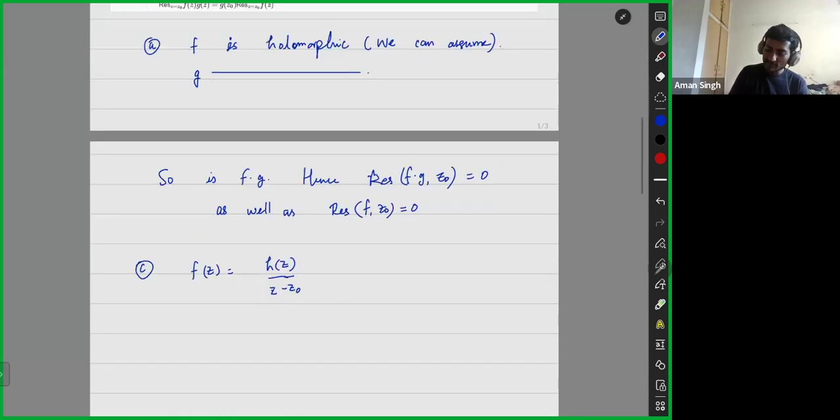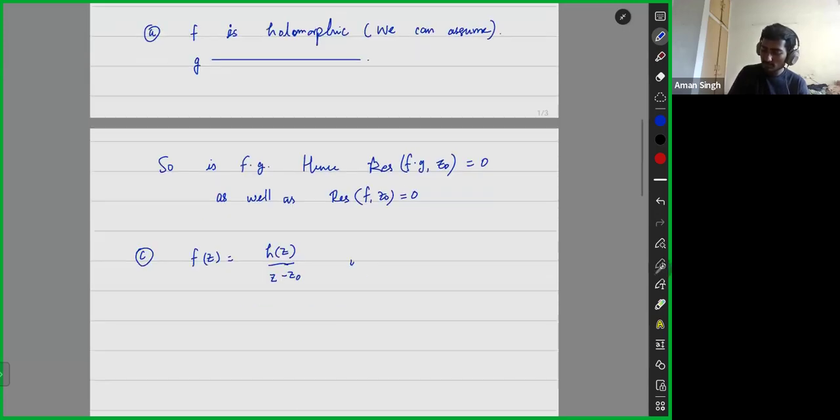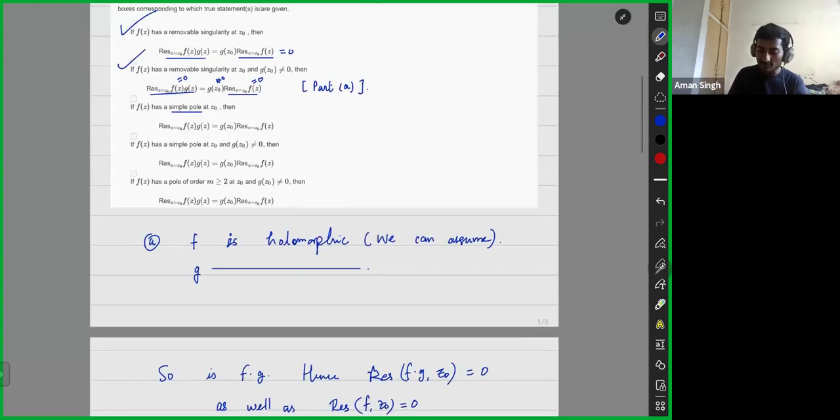Now, f(z) is of this form where h(z) is holomorphic on omega. Now we have to calculate the residue of f into g.